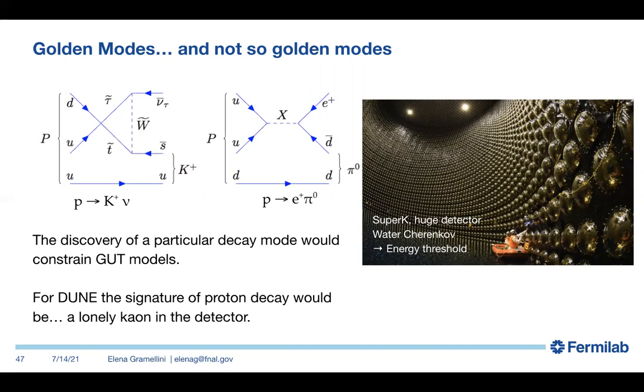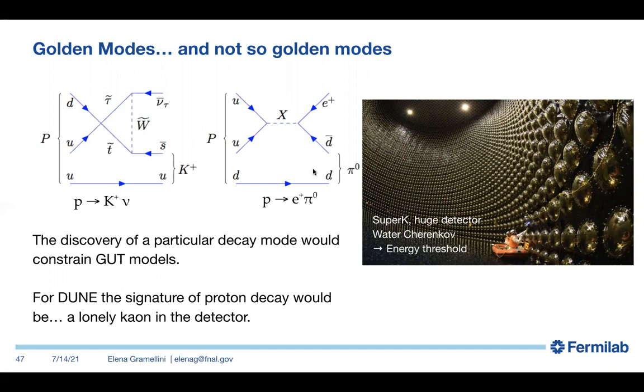In particular, the golden channel for an argon detector is the proton decaying into a kaon and a neutrino. The golden mode for Cherenkov detectors, or water-based detectors, is the proton decaying into an e+ and a π0. Super-K, the detector we mentioned last time, is the leader for all the modes, and its preferred decay mode, the one it is most sensitive to, is this second one.